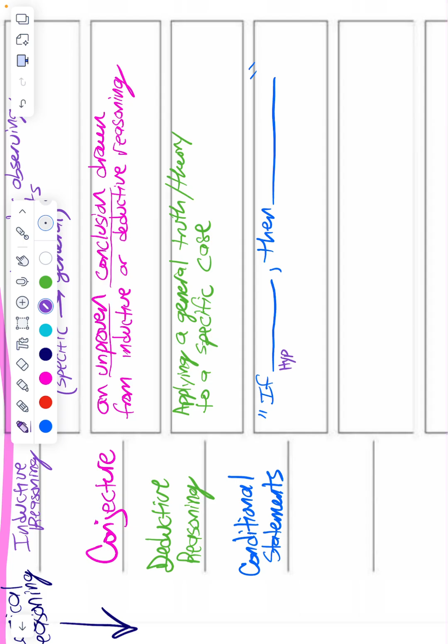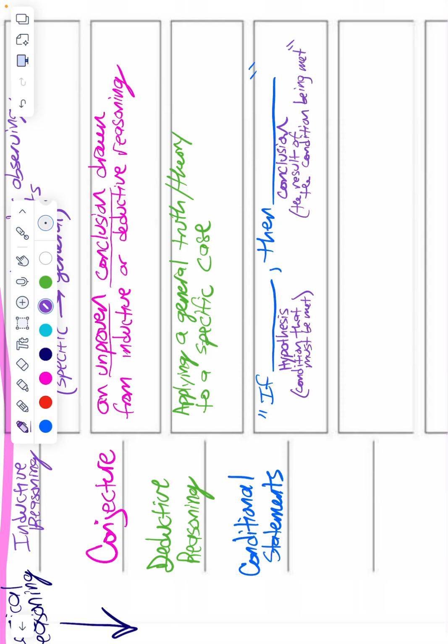The part that follows the if is called the hypothesis. The part that follows the then is called the conclusion. The hypothesis is the condition that must be met. The conclusion is the result of the condition being met.